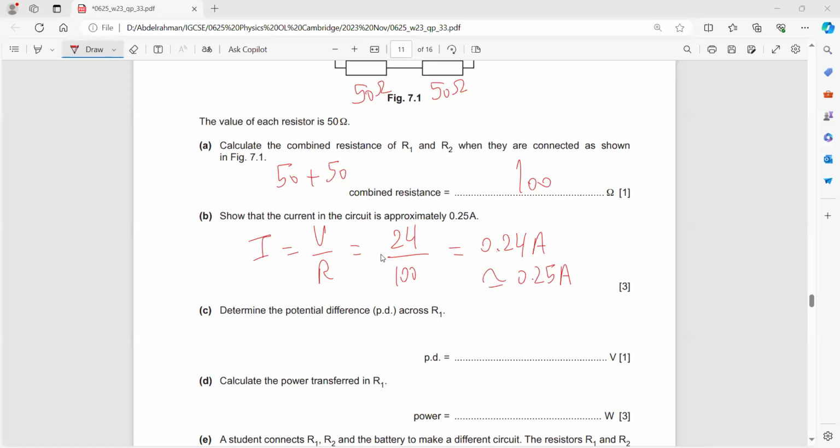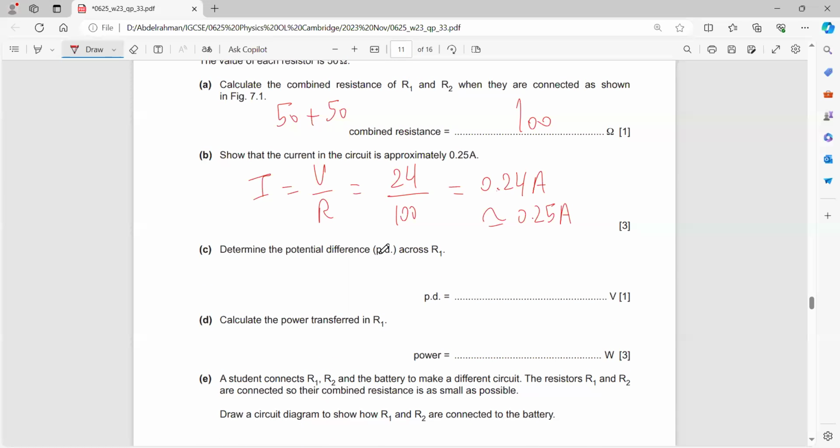Yes, because we said the current is 0.25. It doesn't really matter if you use 0.24 or 0.25, but we calculated it to be 0.24.